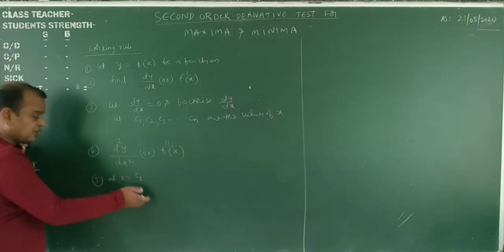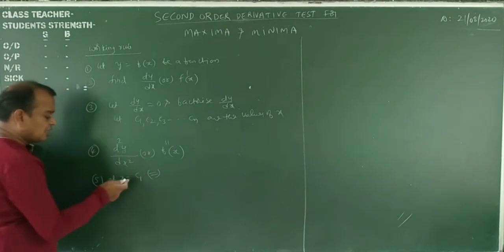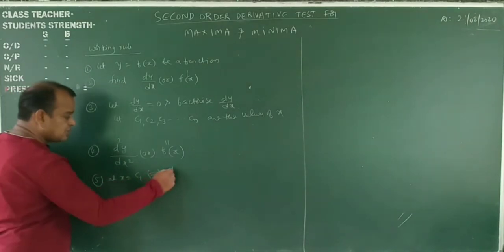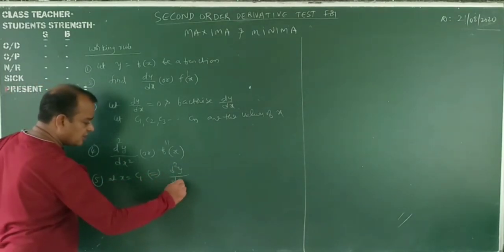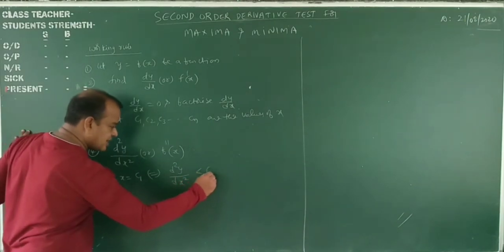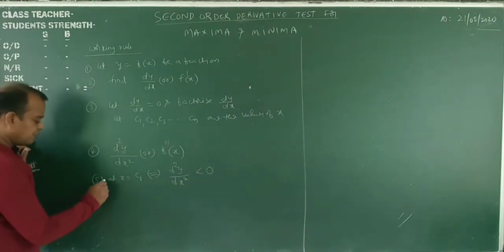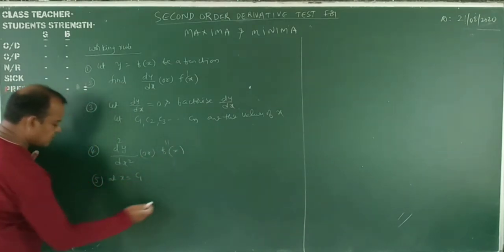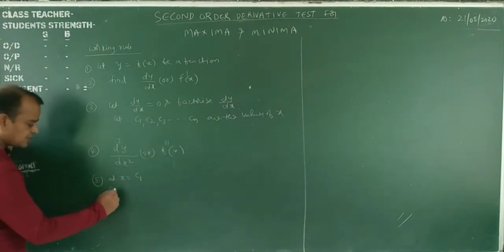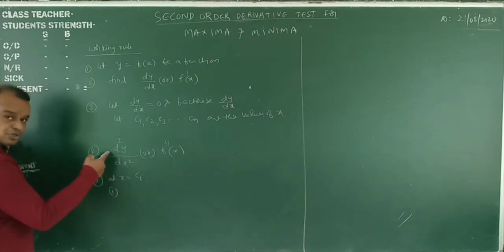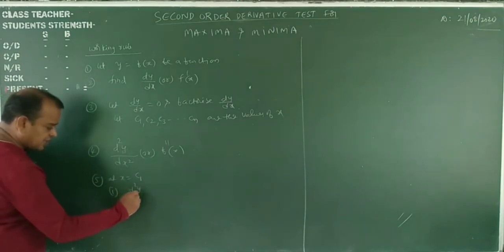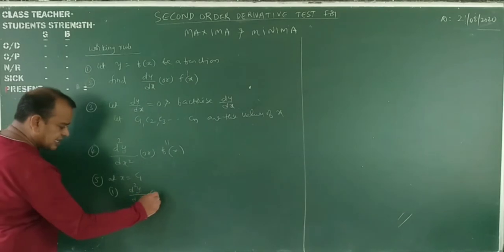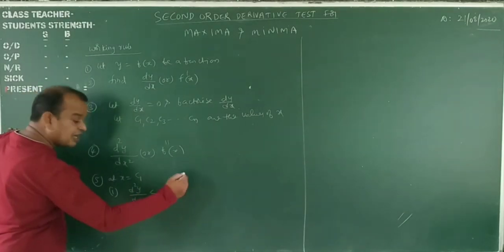This is the first condition: at x is equal to c1, d square y by dx square is less than 0, meaning a negative value.